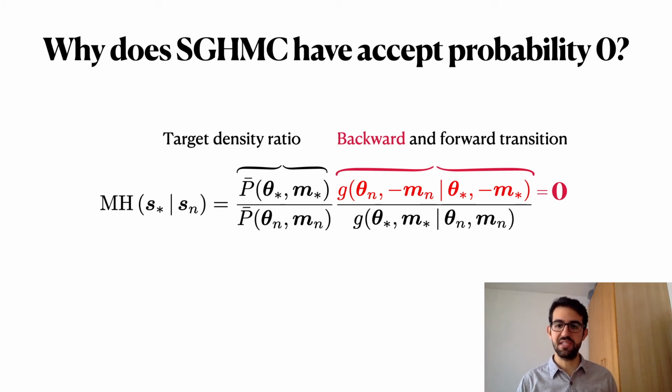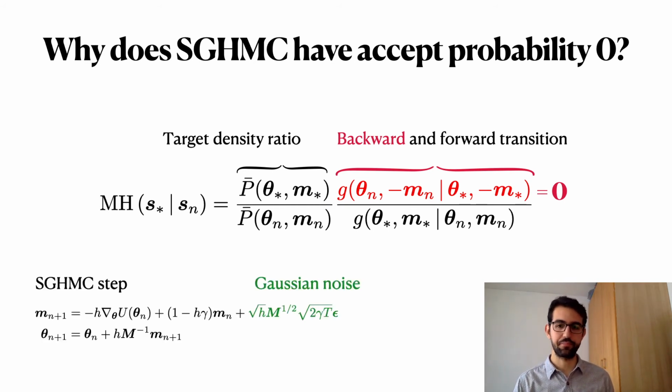In the SGHMC scheme, the probability of going back to the starting point for the transition, given the next parameter and negated momentum, is always 0. The problem is that the SGHMC step is not symmetric, so a backwards application of the scheme will not retrace its steps, like HMC does.